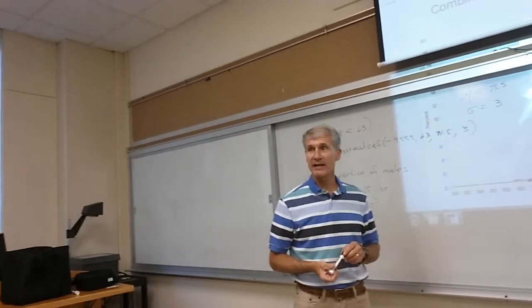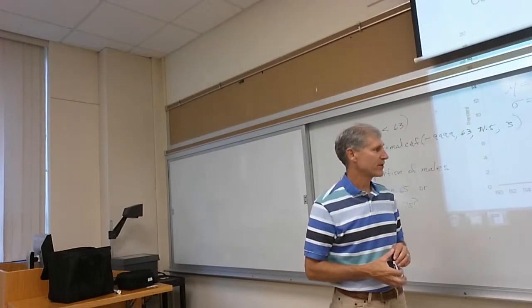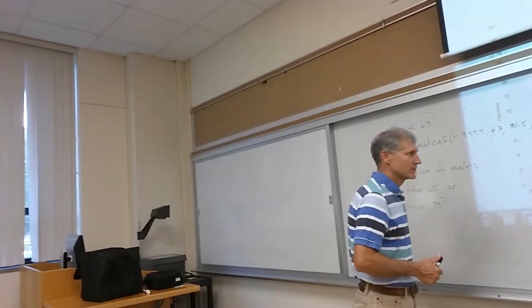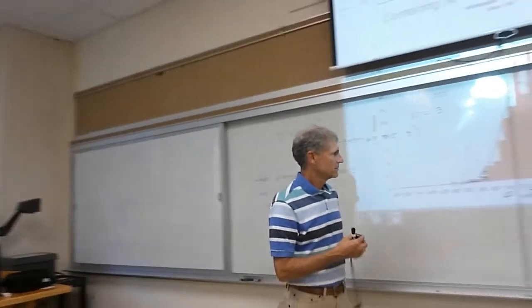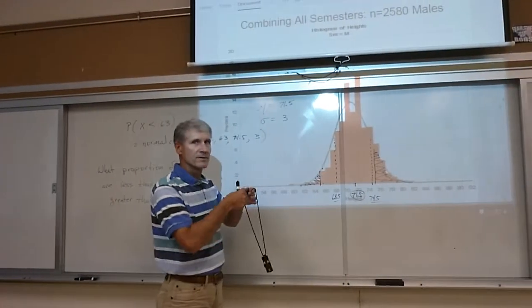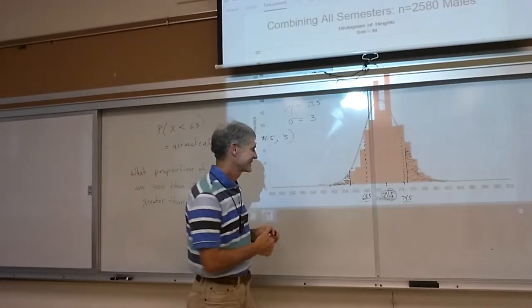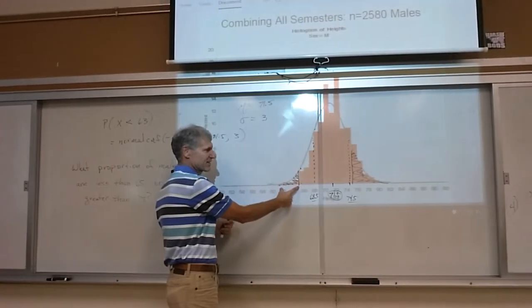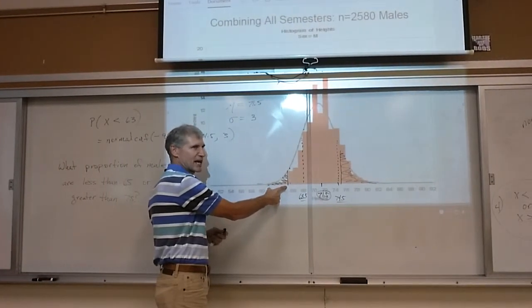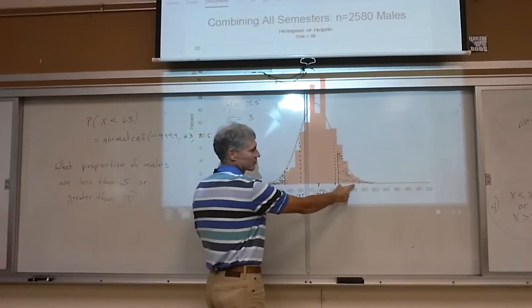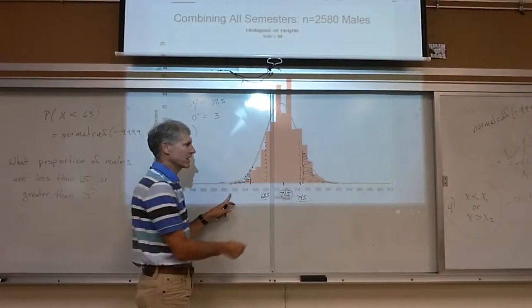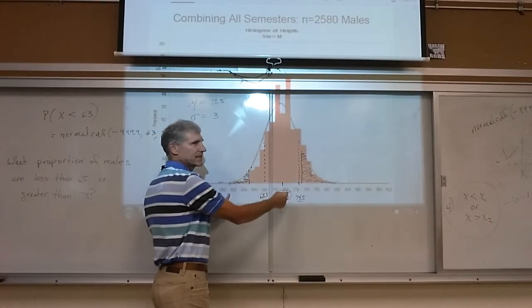So these ballpark ideas that I keep talking about come from the empirical rule. In this tail, that looks like around 2.5%. This one looks more like about 15%, and I'm basing that on these dotted lines.